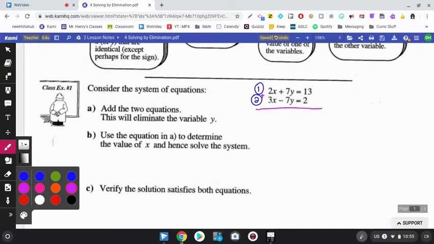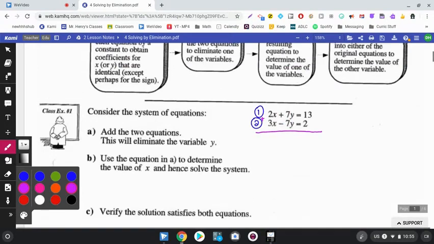Now, why I'm doing this and why I'm going to eliminate it is I look at it, and this is a beautifully set up equation where you have 7y and then negative 7y. So if I added those together, I would get 0y, or I would get no y's, or I have eliminated my y's. Okay, so the point of elimination is to find some way that you can add or subtract equations to eliminate one of the variables.